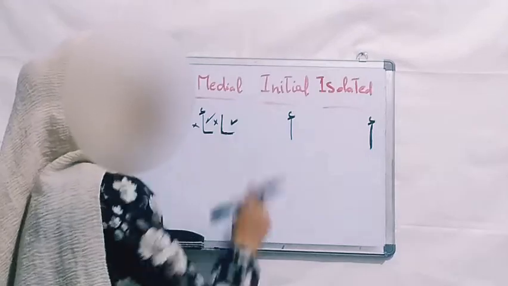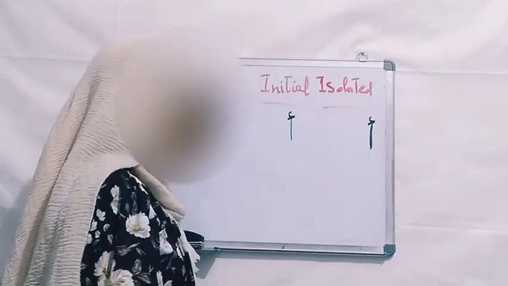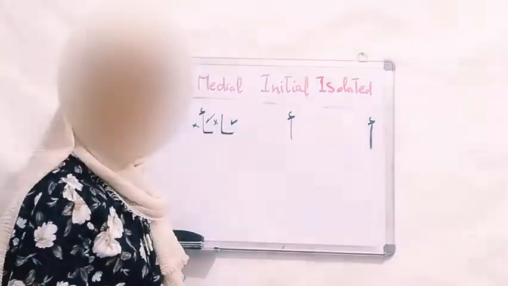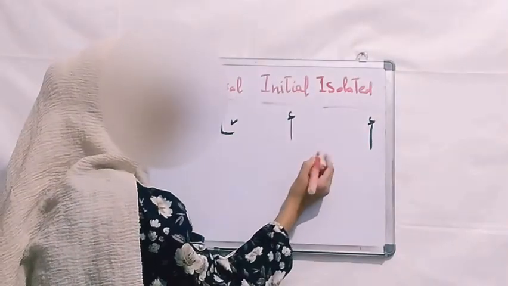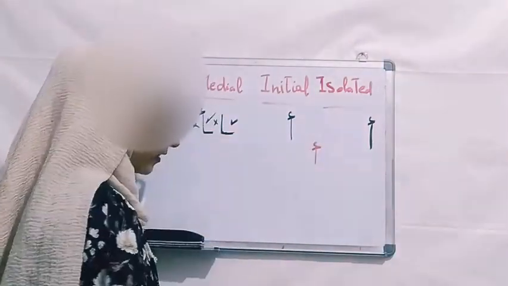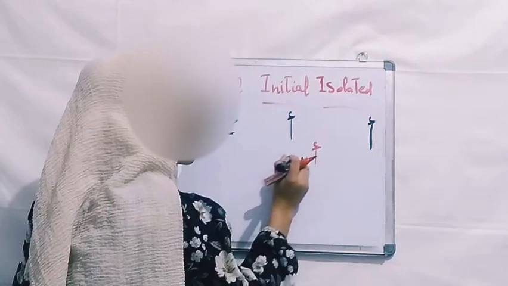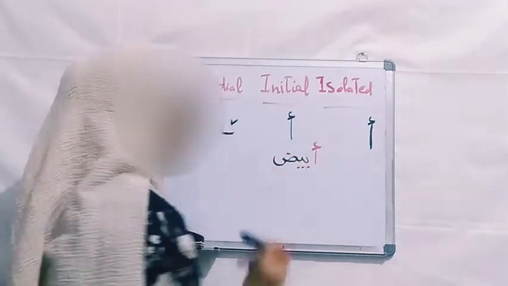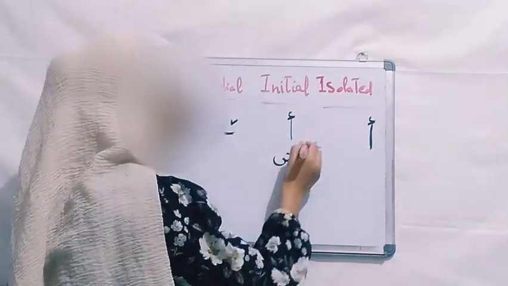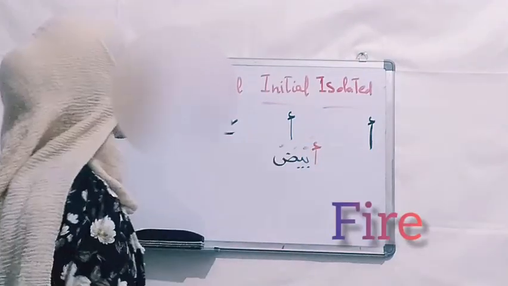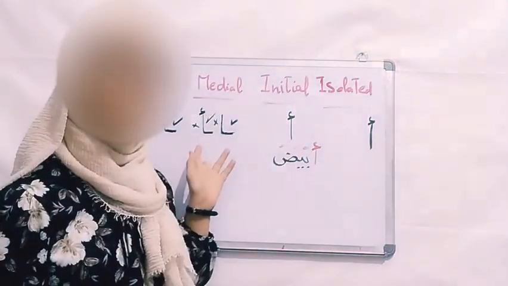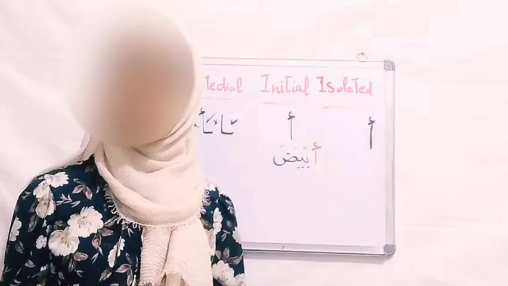For example, in initial form, we have the word Abyad, which means white. In the medial form, we have Nar. Nar means fire.